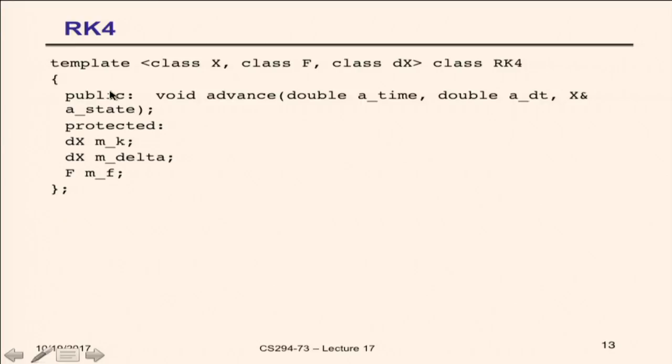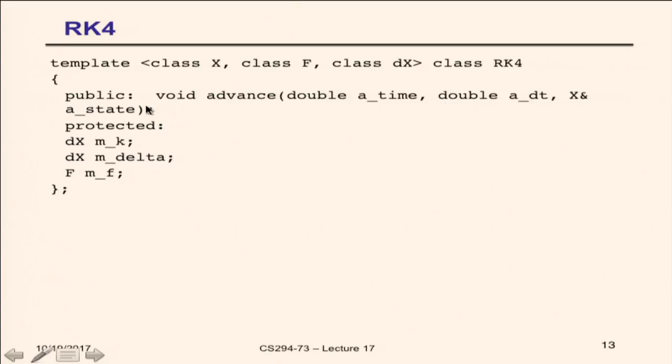Now, the important thing here is that of these three things, only one of them has a persistent existence. When you advance by one time step, the main program will be calling advance, for example. To advance by one time step of fourth order Runge-Kutta, you pass in time, you pass in your time step, and you pass in state.